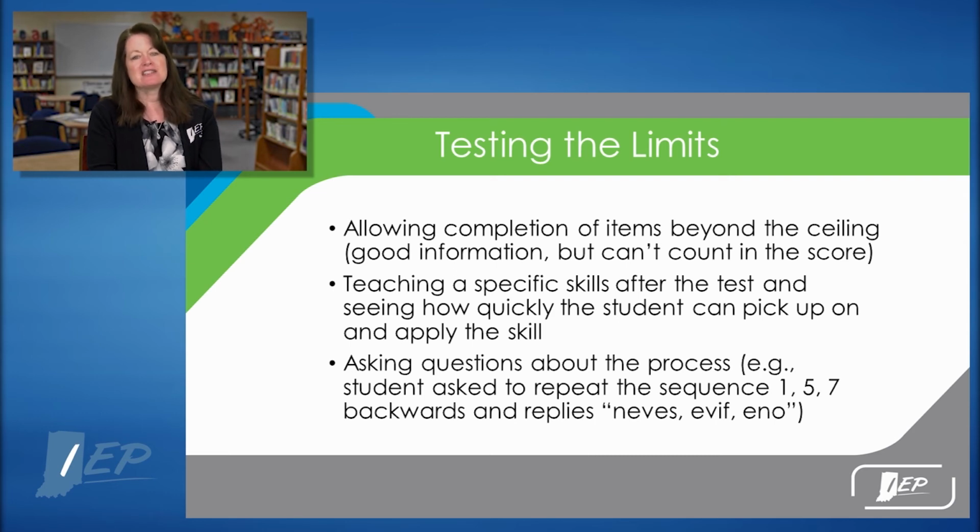That student got a 0 for that item because they didn't say 751, but they did something a heck of a lot more difficult than what we were asking them to do. And we were looking for, can they hold things in memory, flip it around, manipulate it, and then give it back to me? And really this kid could. So now, if we had just let them go through the entire test, it would be 0, 0, 0.